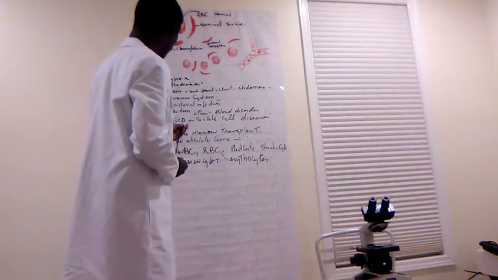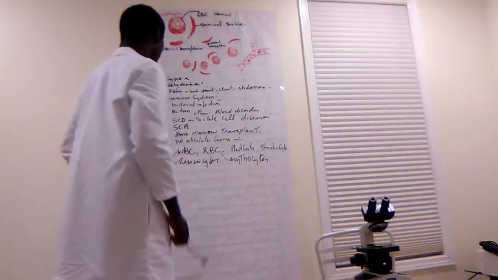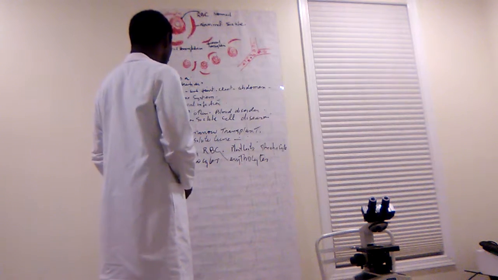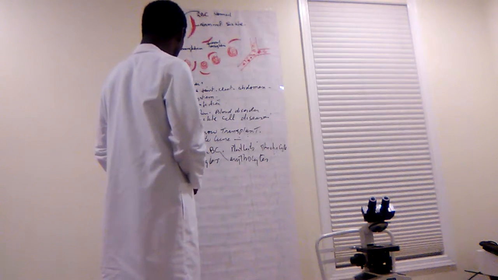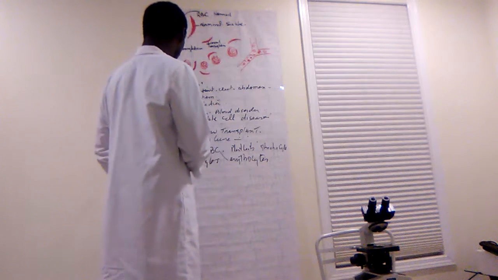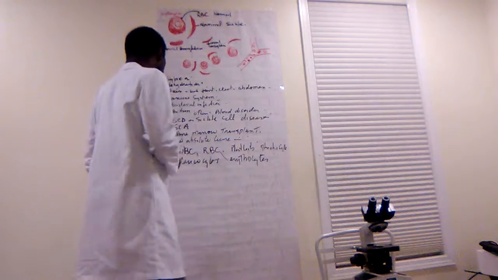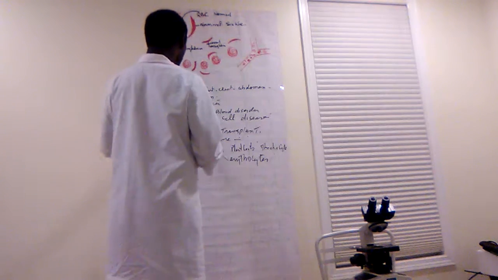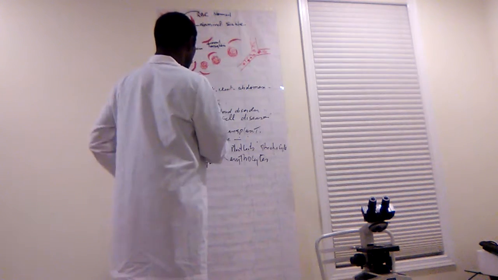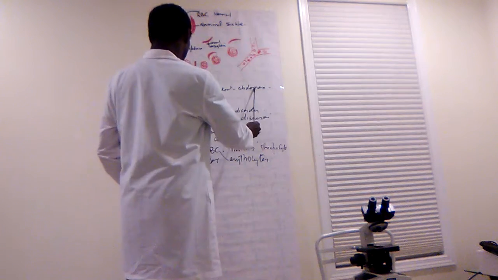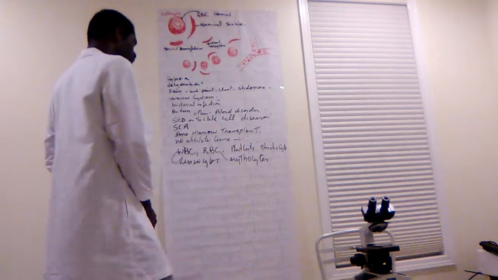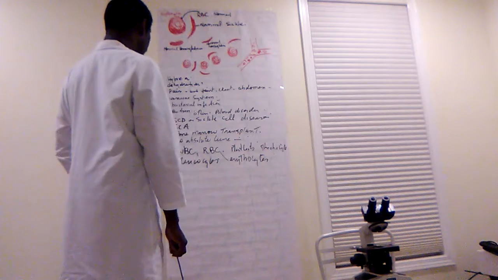Now, like I said, we went over some of the symptoms, which are pain, irritability, swelling in the hands and feet. Sometimes there's dyspnea, swelling, joint pain, chest pain, pain in the abdomen. The immune system is also affected.